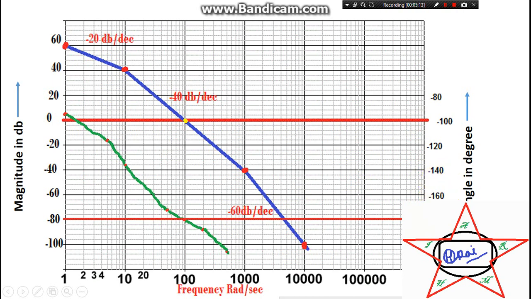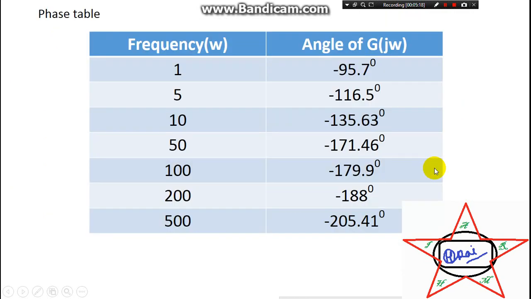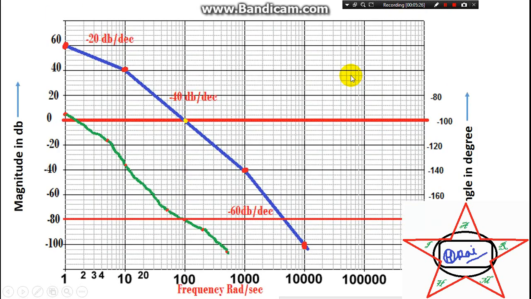So how have we selected these degree values? Because we have a maximum of minus 205, that means approximately 206 degree, and the minimum of minus 95 or 96 degree. So we substitute in such a way that the maximum value will be near about minus 200 and the minimum value should be near about 90. So I started with minus 220 degree.